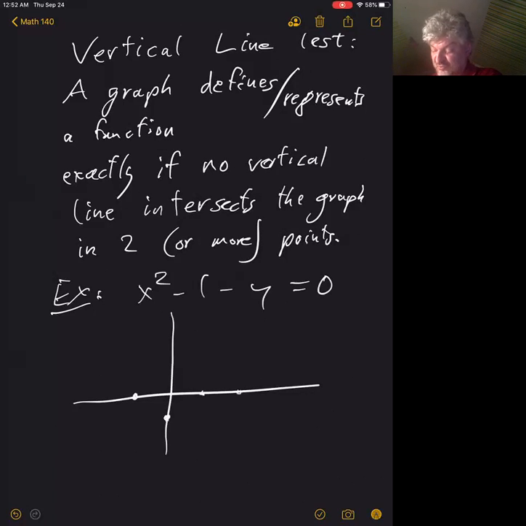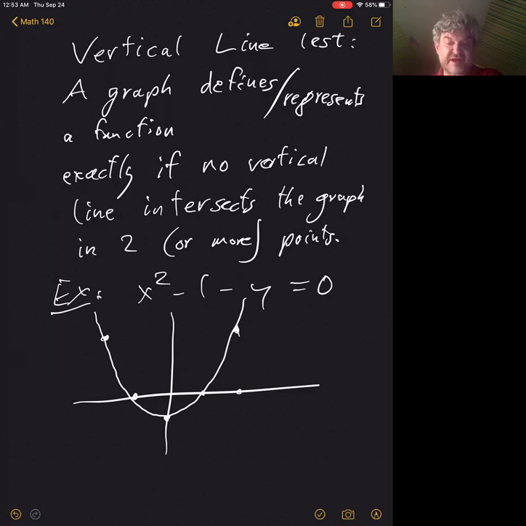When x is 2, then we get y is 3, x is negative 2, we also get y is 3. And we can guess roughly the shape of the graph.